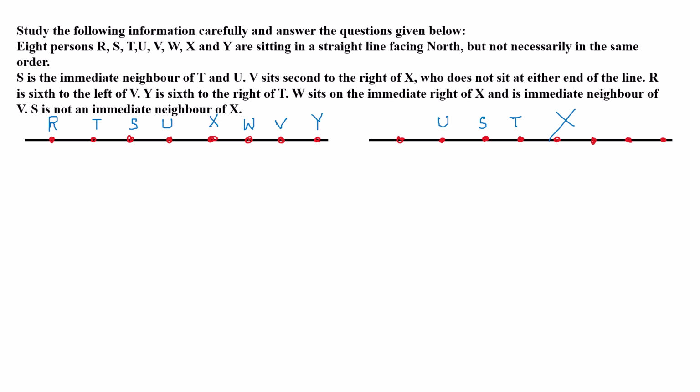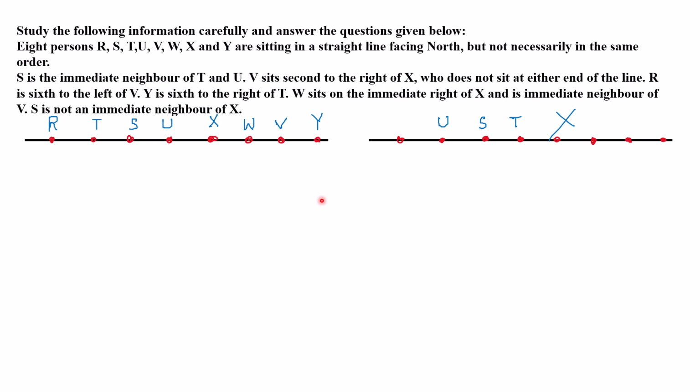Now R I am putting in the front, and R is the sixth to the left of V. So from V, 6 times if you go to the left, 1, 2, 3, 4, 5, 6, here will be R, isn't it? So now all the conditions are getting satisfied through this arrangement.